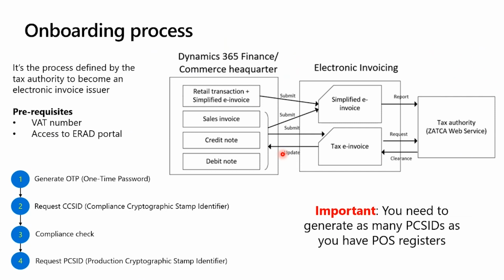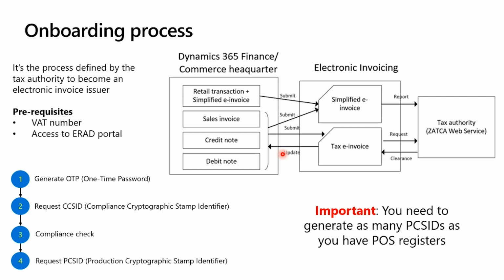But in the case of commerce, there is one important change or difference here, right? Because each point of sale is considered by the authorities as a separate so-called electronic invoicing generation unit, you need to obtain as many production cryptographic stamp identifiers as you have POS registers.